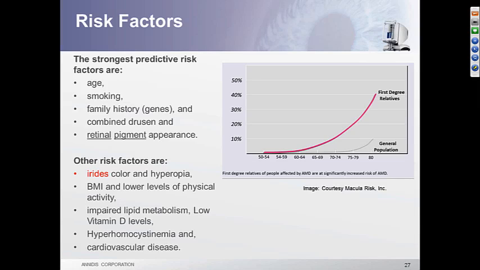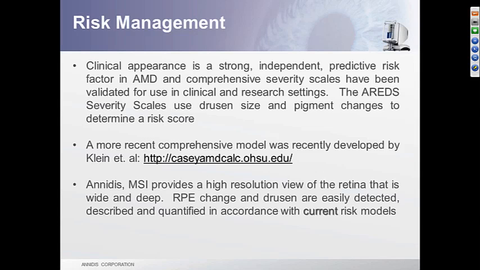There are other risk factors that have been nicely identified: iris color, hyperopia, BMI, lower levels of physical activity, impaired lipid metabolism, vitamin D levels being low, hyperhomocysteinemia, and some associations with cardiovascular disease. And I just want to underscore the clinical appearance is a strong independent predictive risk factor in macular degeneration.